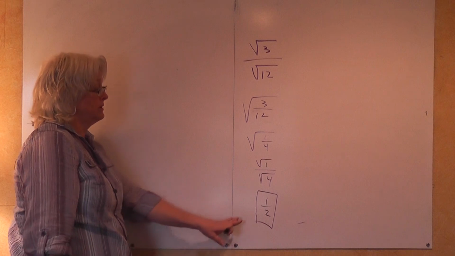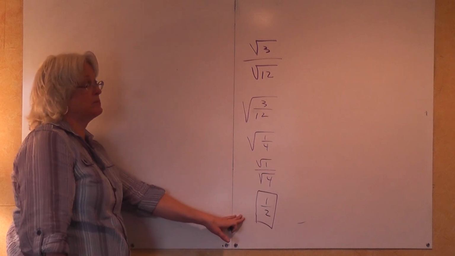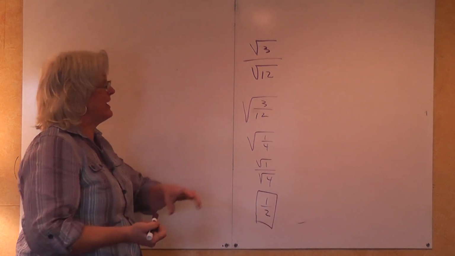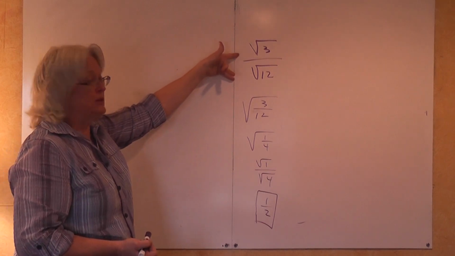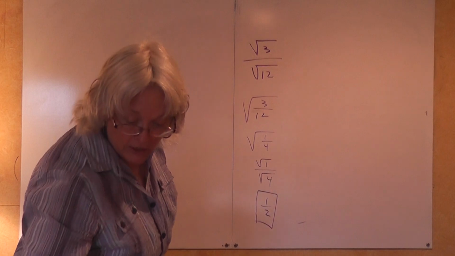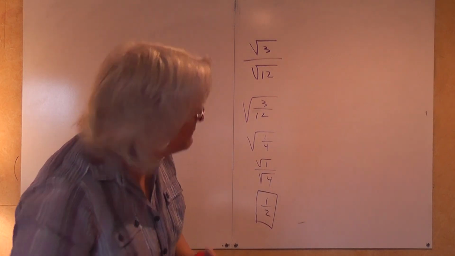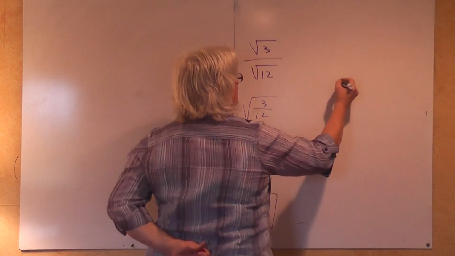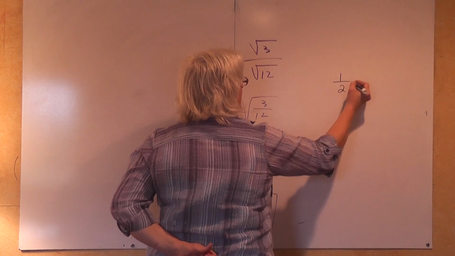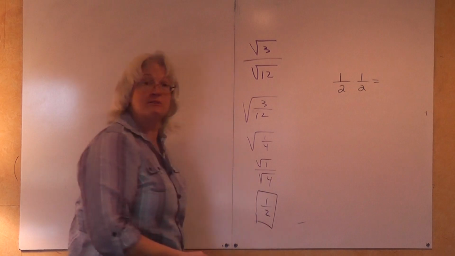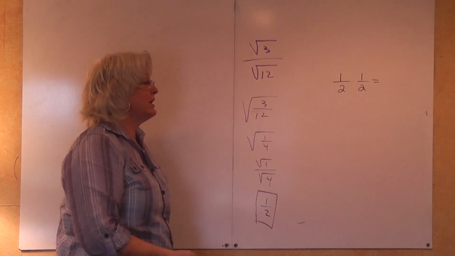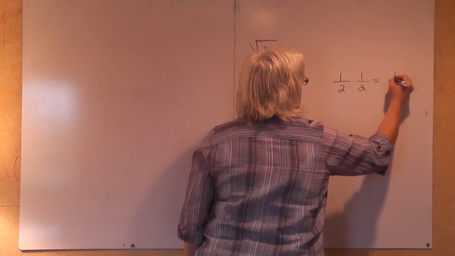What is 1/2 times 1/2? You think, how in the world can 1/2 be the solution to the square root of 3 divided by the square root of 12? Well, let's look at it. Square root is one number that is being used as a factor twice. 1/2 times 1/2 is equal to what?